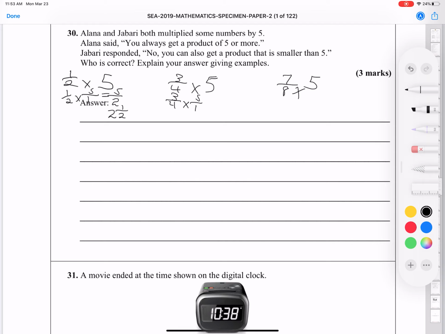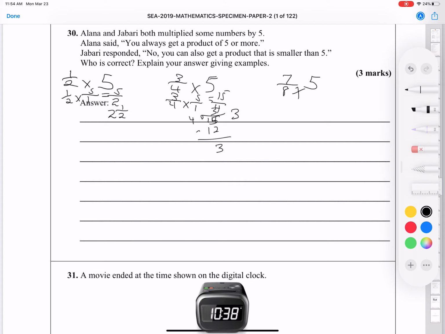Let's change it to a mixed number. 4 into 15. 3 4s are 12. 15 take away 12, 3. So 3 3/4. That's less than 5.